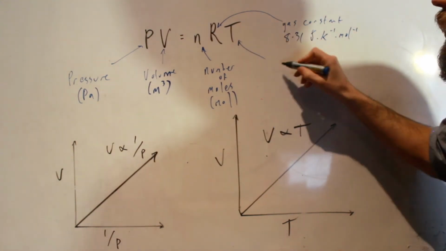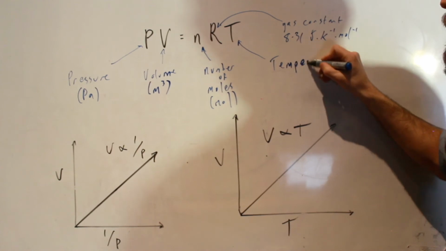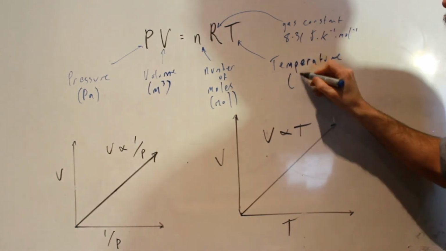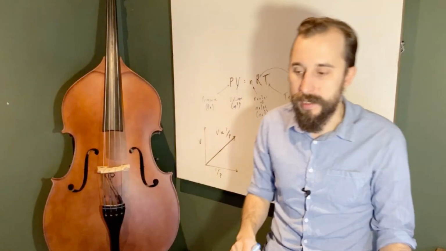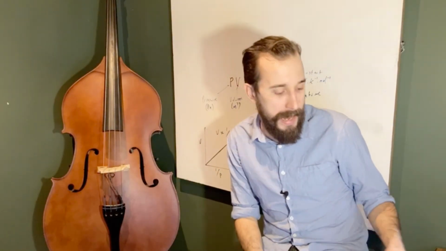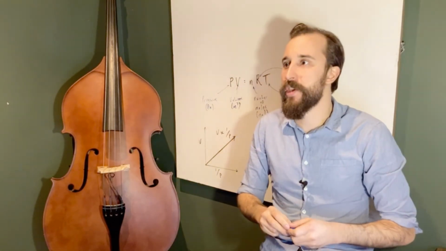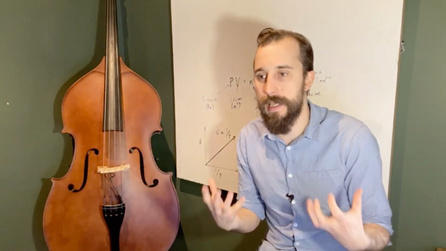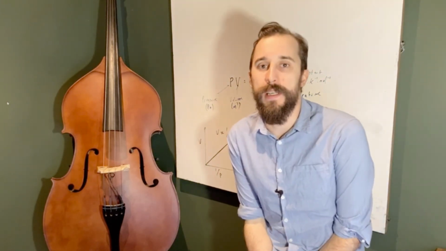And then finally, T is our temperature, but it's in a unit called Kelvin. You'll often see temperature in degrees Celsius, or degrees Fahrenheit if you're in North America. But Kelvin is a much less arbitrary unit of temperature. Degrees Celsius is pretty arbitrary.